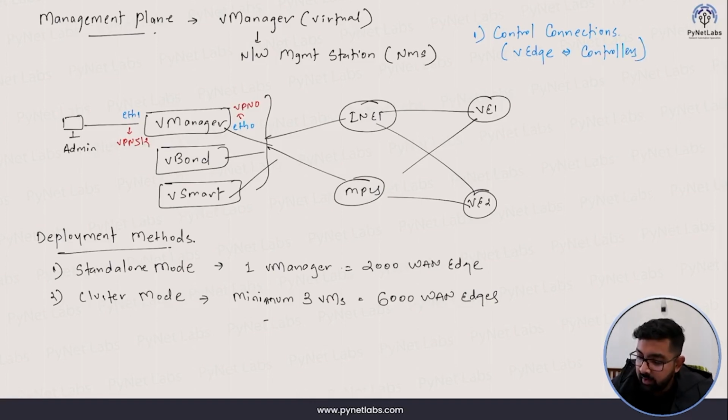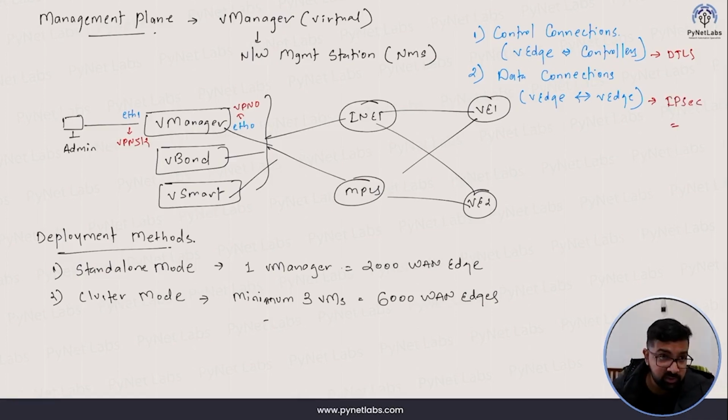The other type of tunnels are data connections, which are between vEdge to vEdge. The control connections are always going to be DTLS tunnels, and data connections are always going to be IPsec. Although you have options, you can also form GRE tunnels, but we are going to form IPsec tunnels over here.